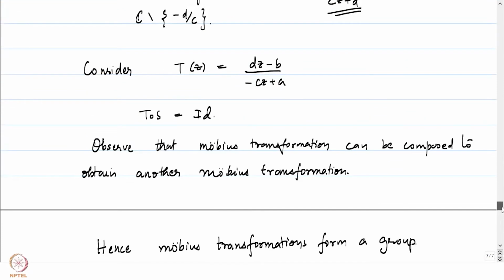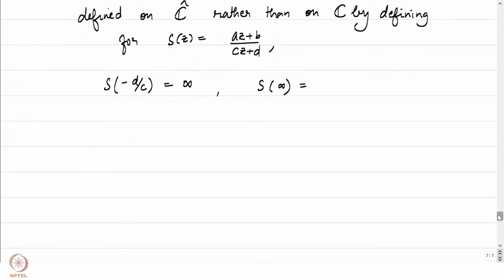So the point here would be A by C. S of infinity is going to be defined to be A by C. Then it's a good exercise for you to sit down and check that S is a bijection. We have already done all the hard work. I have in fact given you an explicit inverse on C hat. So it's a map from C hat to C hat, which is a bijection.